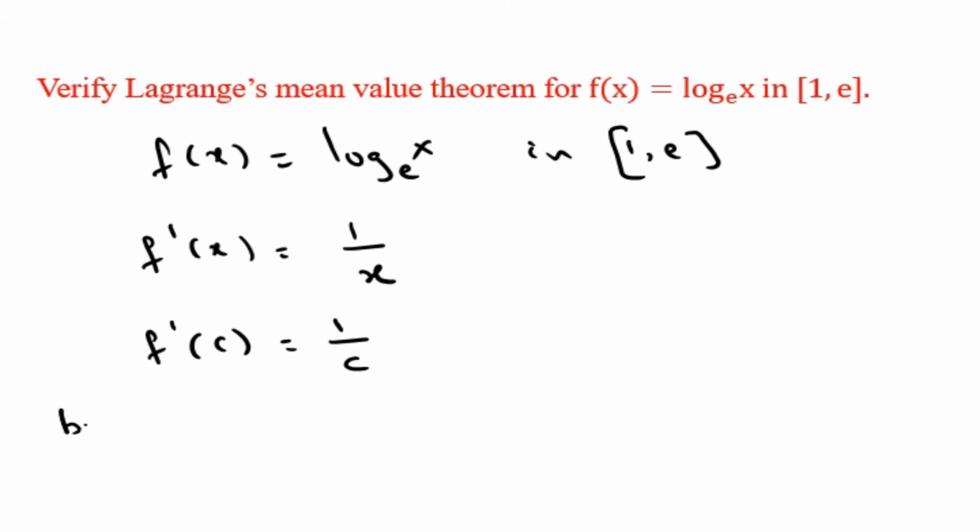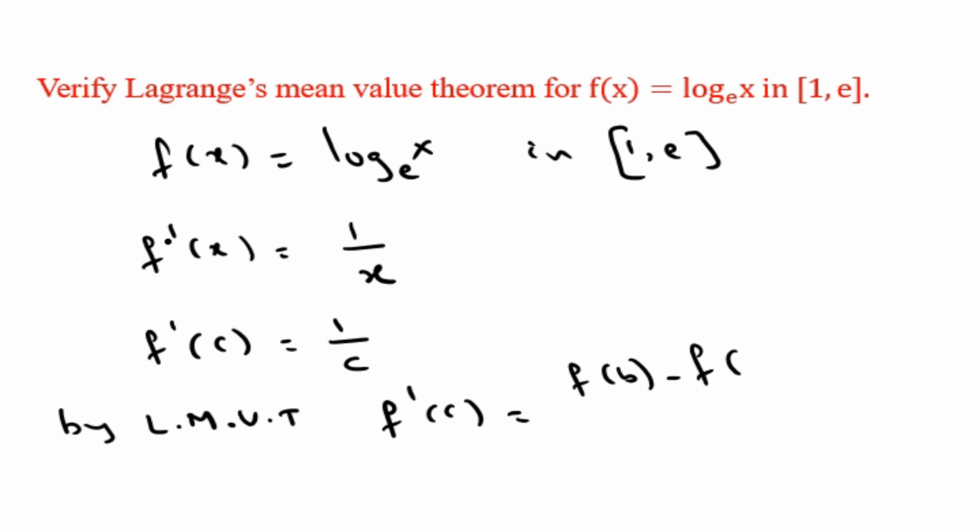By Lagrange's mean value theorem, F dash of c equals f of b minus f of a by b minus a.